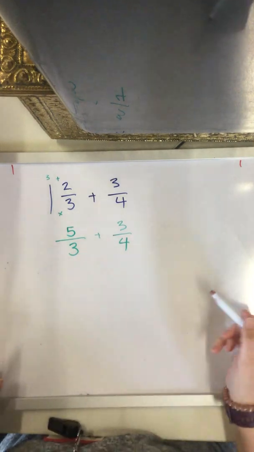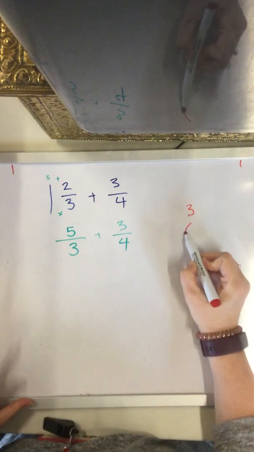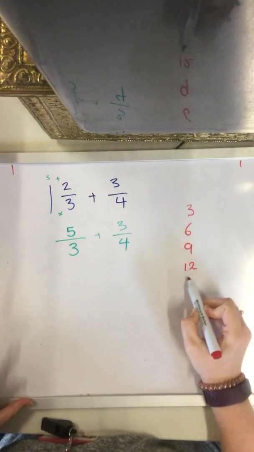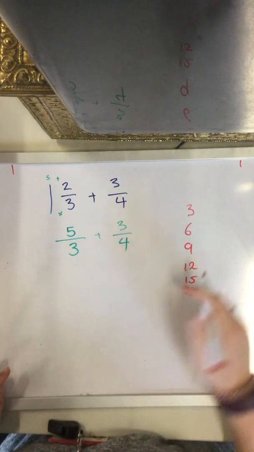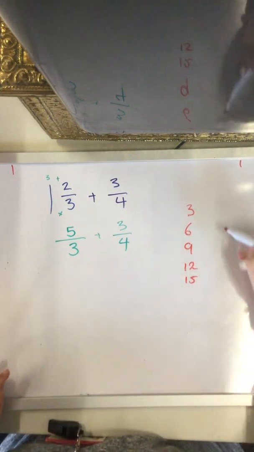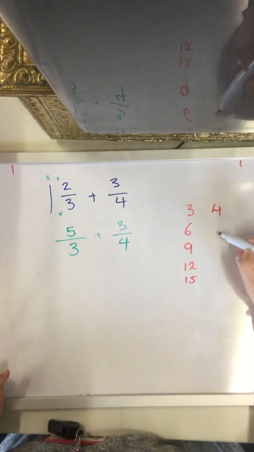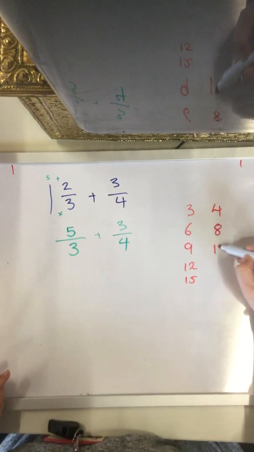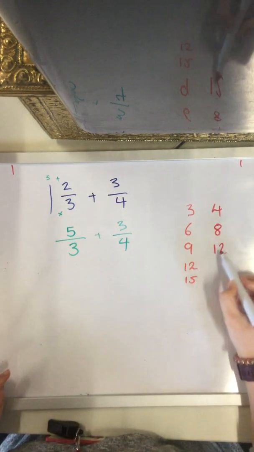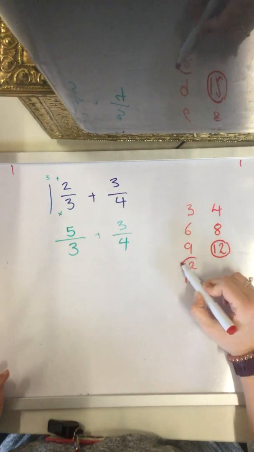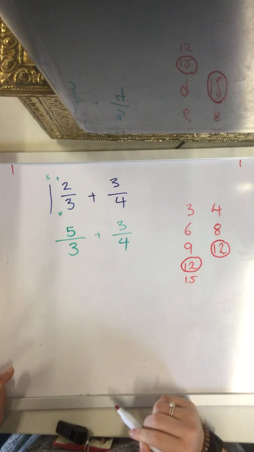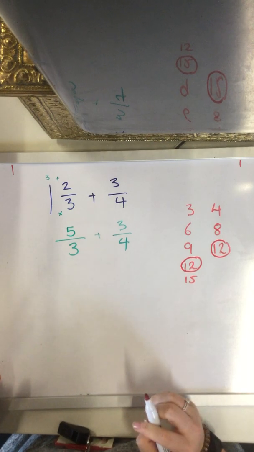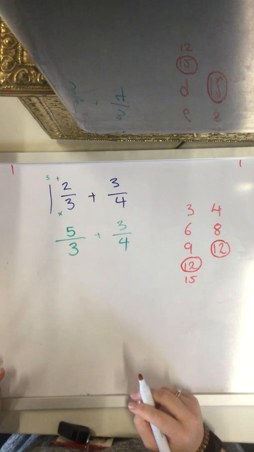And what I find helpful sometimes is jotting down my multiples. So I'm just going to go up to 15, I think. So I've got my multiples of 3. I'm now going to write some of my multiples of 4 out until I spot one which appears in both of them. So as we can see here, 12 appears in both the 4 and the 3 times tables.